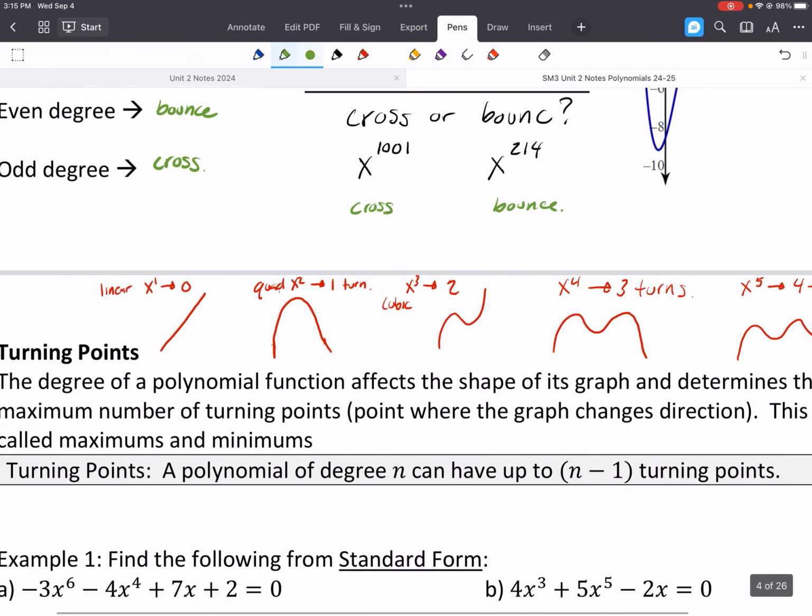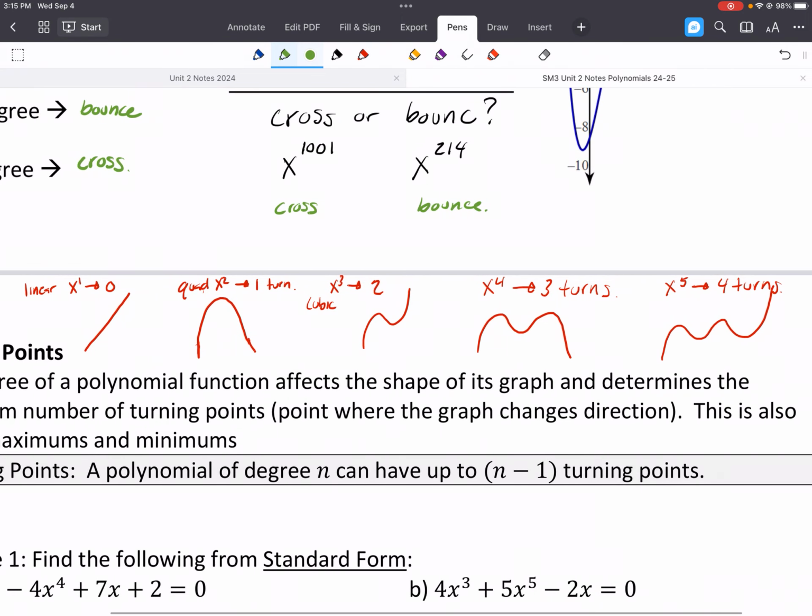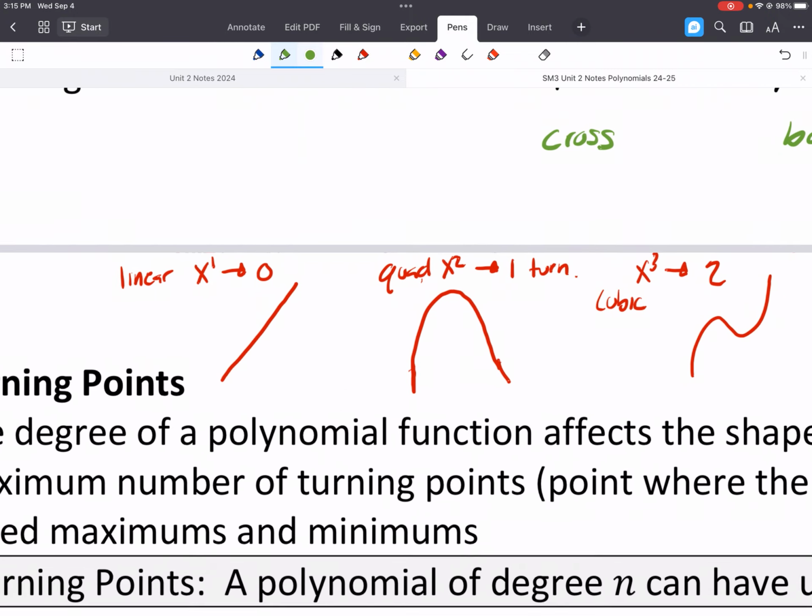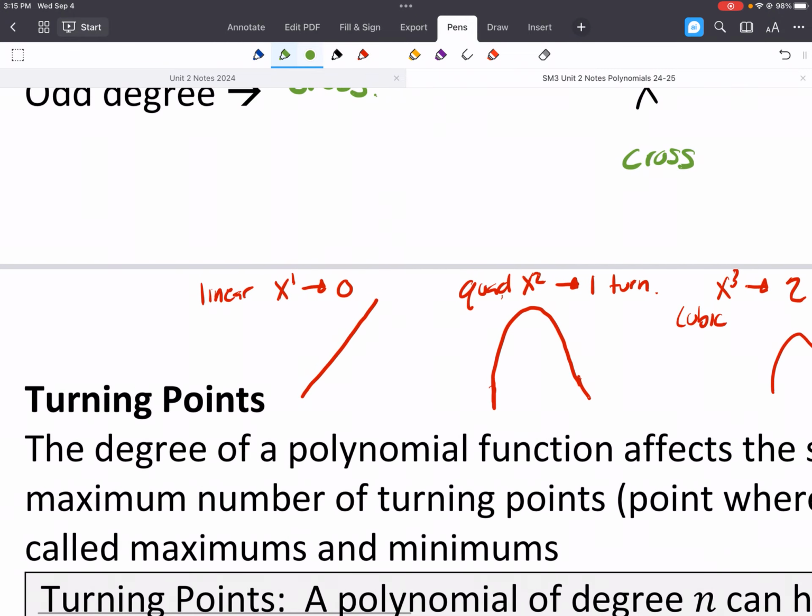If we look at graphs, a turning point is like where the vertex is when we talk about quadratics. We're going to look at some of these examples and figure out how to come up with turning points. If we have a linear equation, it's just a straight line, so it has 0 turns.